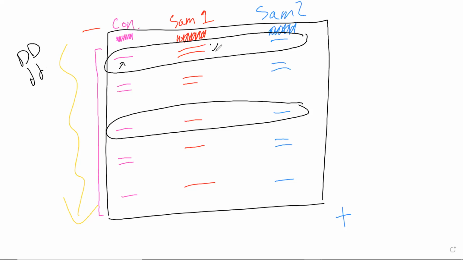Whereas this one, where it has two lines, it's heterozygous. It has one of each. I can't identify whether it's dominant or recessive, but I can identify whether it's homozygous or heterozygous, which is very, very important. Because if I know something is homozygous versus heterozygous, I can match it up pretty well.